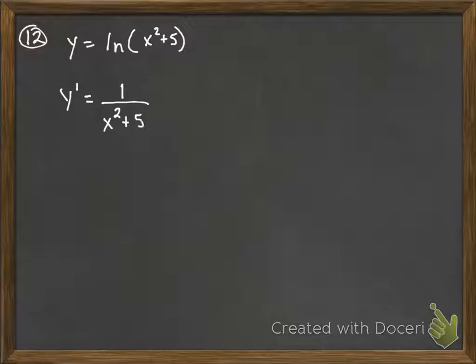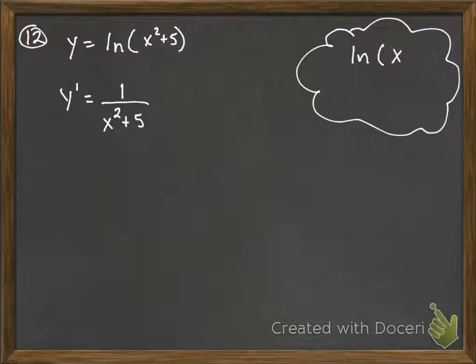All right. Number 12. Y is equal to ln of x squared plus 5. Okay. So use your derivative rule. It's number 5 on our board up there. All right. So this is 1 over all that junk. Okay. Here's my thought bubble.